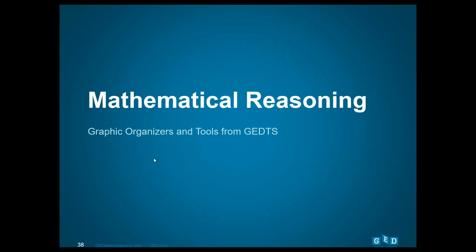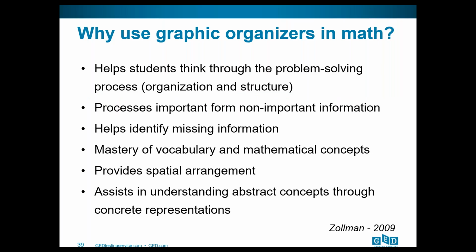So to talk about mathematical reasoning, many of our students struggle with problem solving because they don't quite understand the process. They don't necessarily take it in an order that they should.